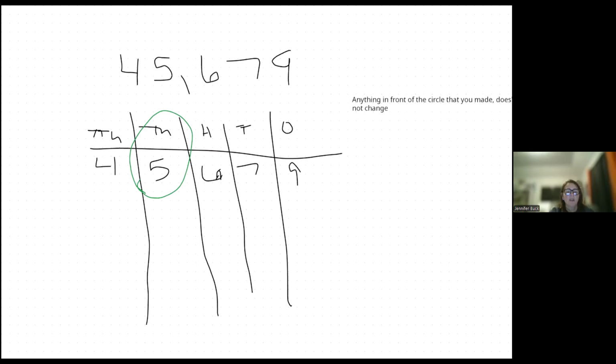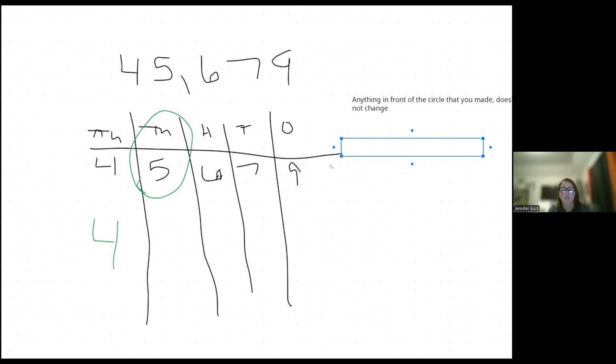So 4 does not change, okay? The next rule, the number in the circle is rounded. 0 to 4, you stay. 5 to 9, you go up and change the number circled.